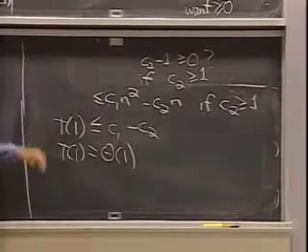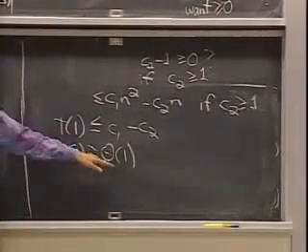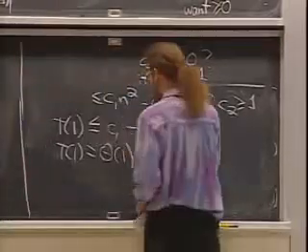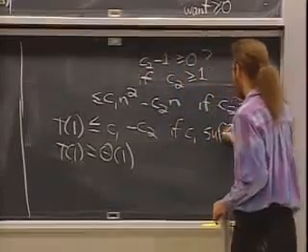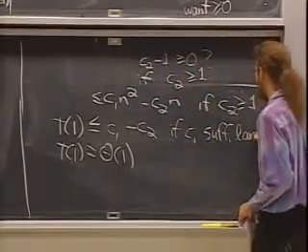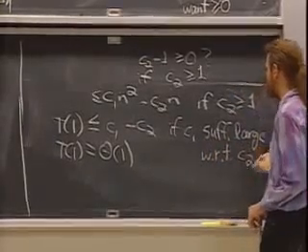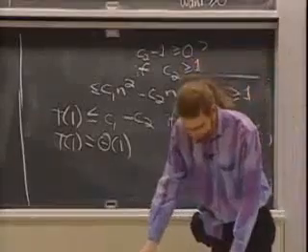So c2 has to be at least 1. c1 may have to be at least 100 more than 1 if this is 100. So this will be true if c1 is sufficiently large. And sufficiently large now means with respect to c2. So we have to be a little bit careful, but in this case, it doesn't matter.